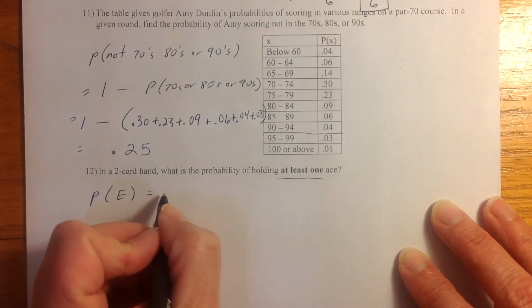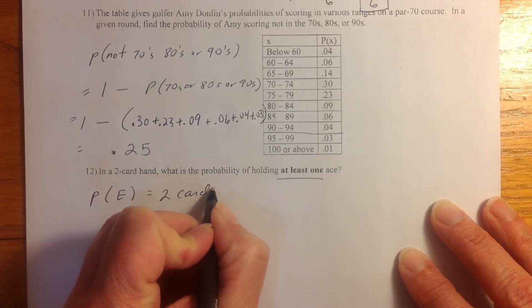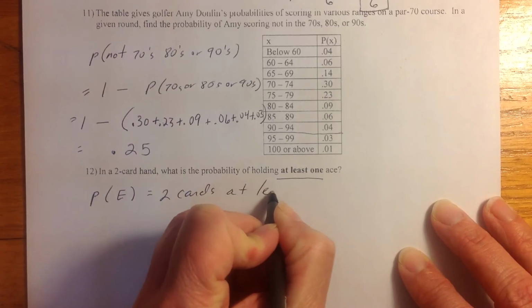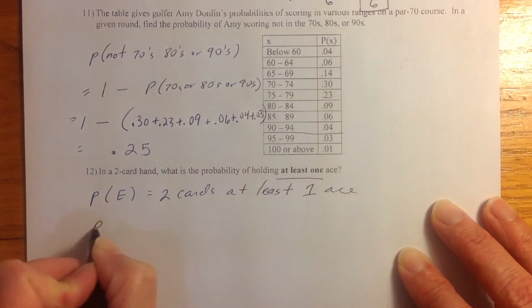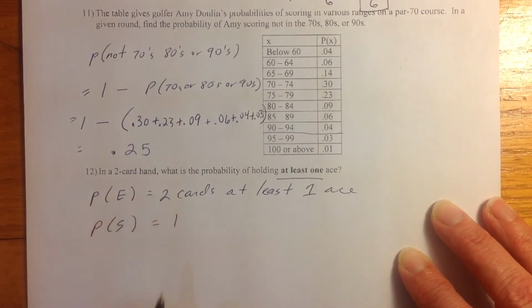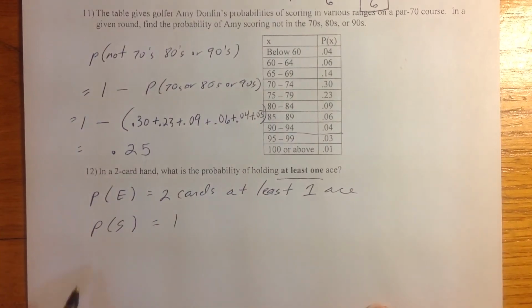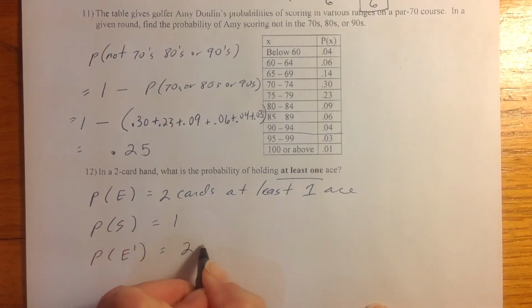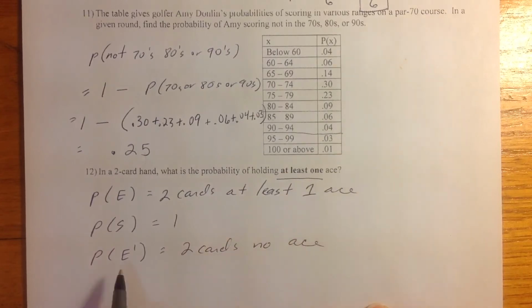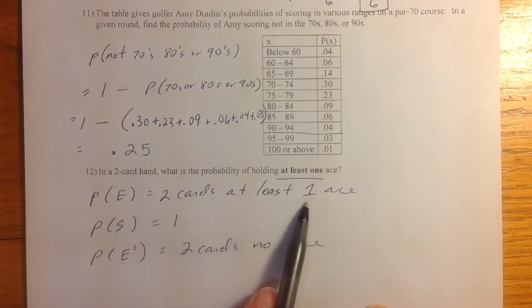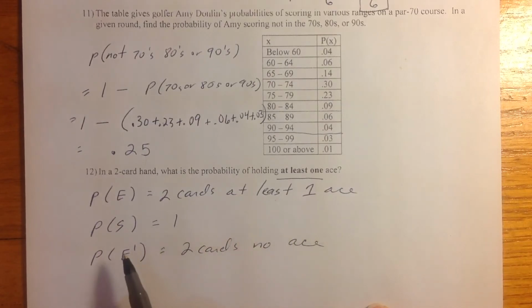P of E is 2 cards, at least 1 ace. P of S is always equal to 1. And P of E prime is equal to 2 cards, no ace, because it has to be the complement of E. So if E is at least 1 ace, P of E prime must be no ace.